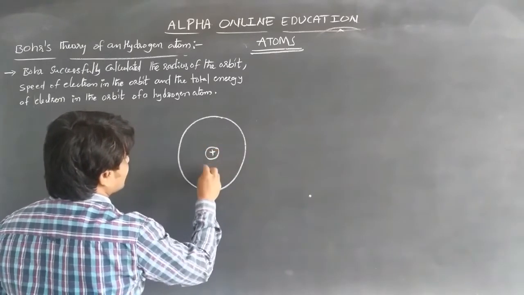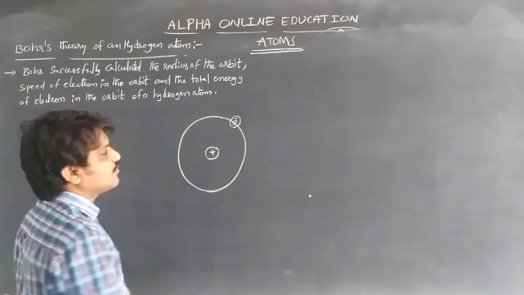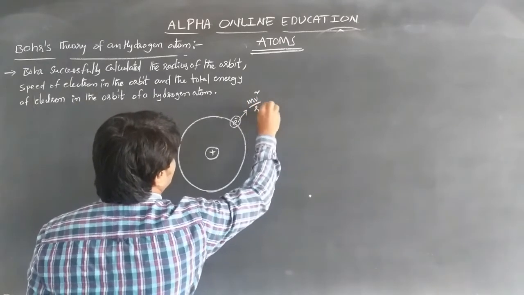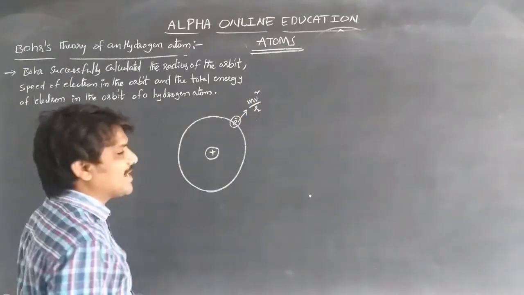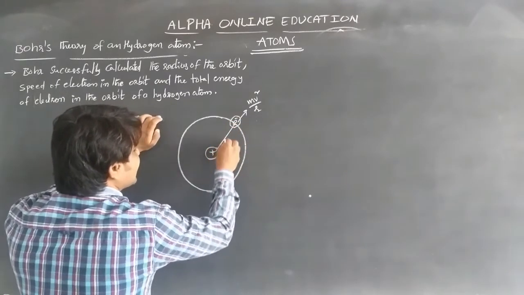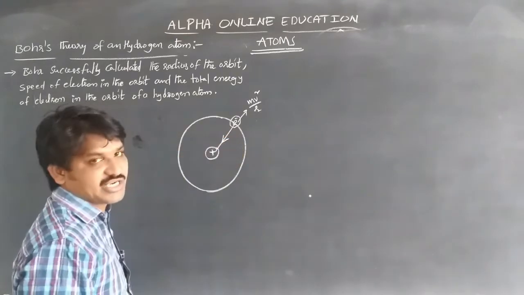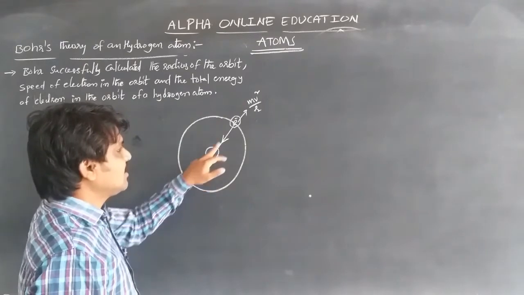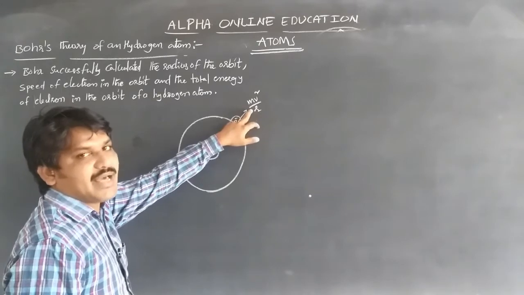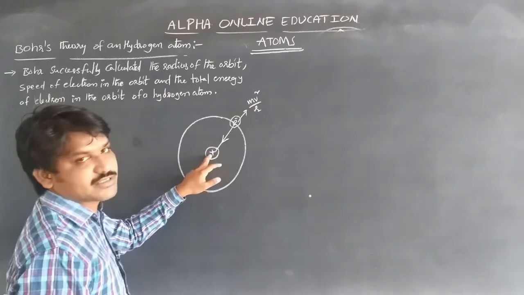When the electron revolves around the nucleus, the centrifugal force, that is mv square by r, is balanced by the net electrostatic force of attraction towards the nucleus.